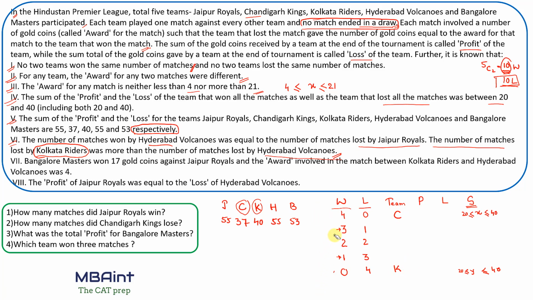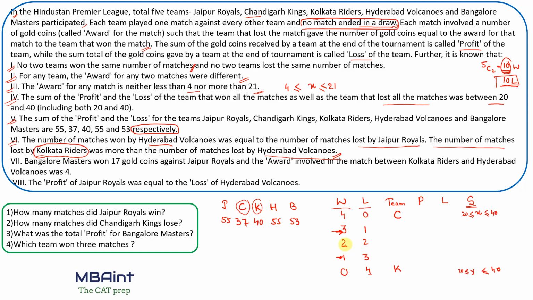Now can we again trace back and see this point? Can we get Hyderabad from this? The number of matches lost by Kolkata was more. Okay, Kolkata is losing all the 4 matches, so still we cannot find who is Hyderabad and who is Jaipur, right? Because these are the only teams that will complement each other in this. We know that if this is Hyderabad, this would be Jaipur, and if this is Hyderabad, this would be Jaipur.